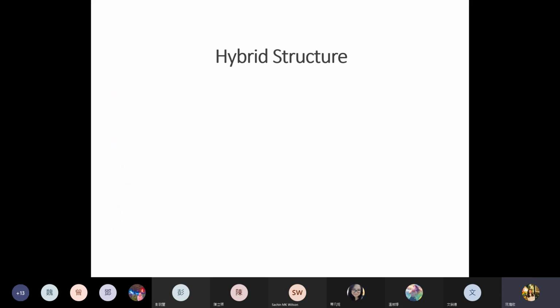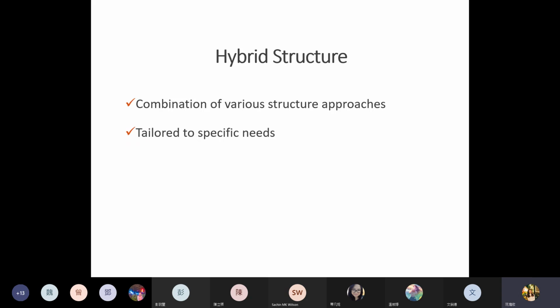So now we move to the last one, which is called the hybrid structure. Like its name, hybrid is when you have a combination, the birth of something else from the original, maybe two different kinds. So it's a combination of various structure approaches.